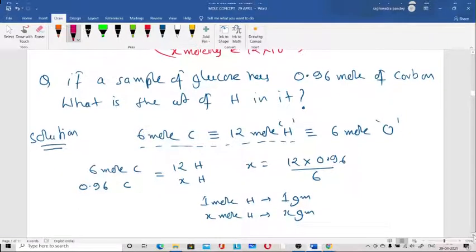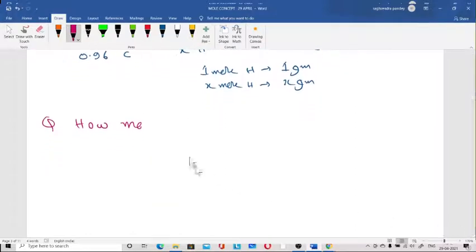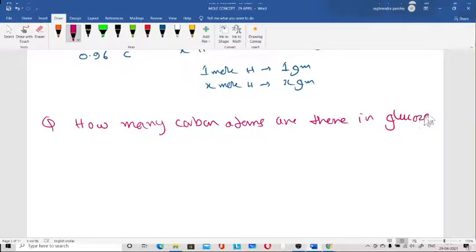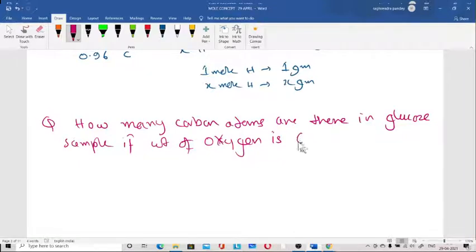Okay. So how many carbon atoms are there in a glucose sample if the weight of oxygen is, say, 6 grams?